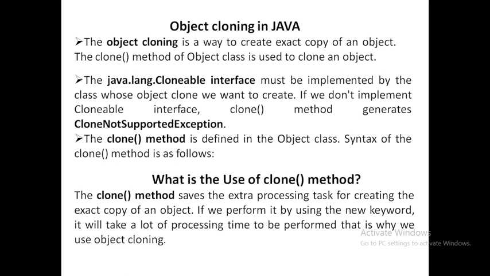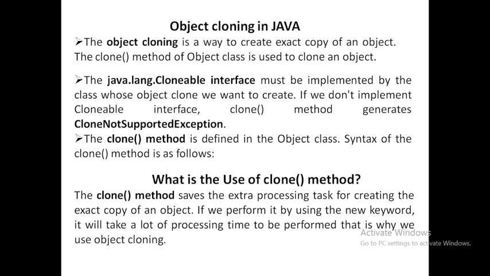We can also do it by using the new keyword, but that will take a lot of processing time. That is why we use object cloning. The clone method saves the extra processing task for creating an exact copy of an object.